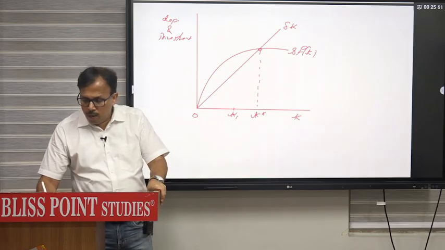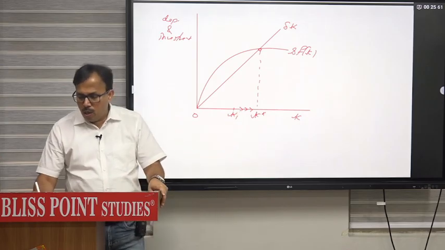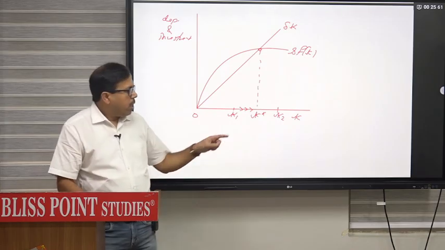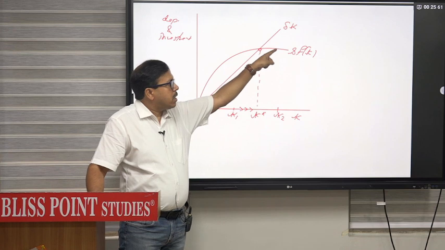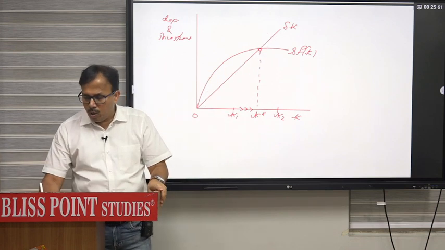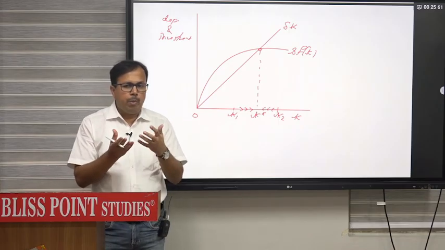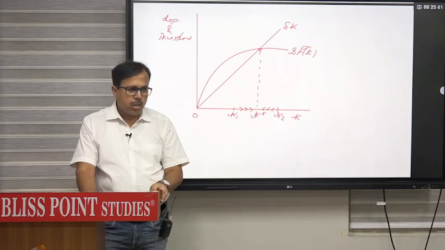So stock of capital will continue to increase till it reaches steady state. And if stock is more than steady state, then what will happen? If it is more, investment will be less and depreciation is more, so depreciation will reduce the stock of capital. That means irrespective of whether you begin with K1 or K2, you will always end up at K star.